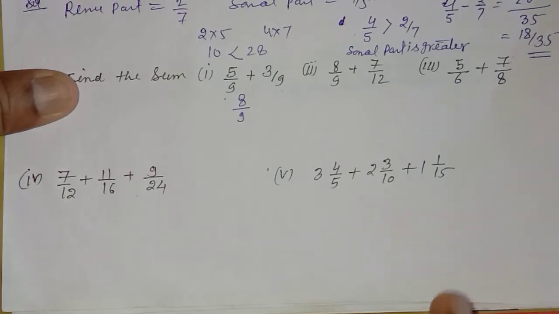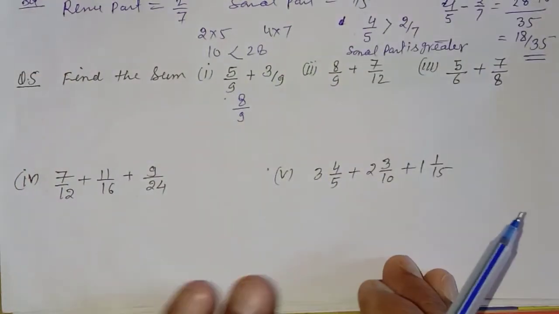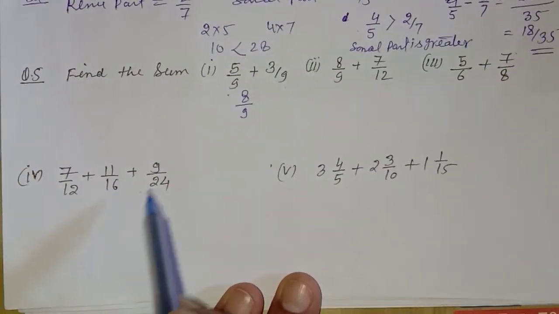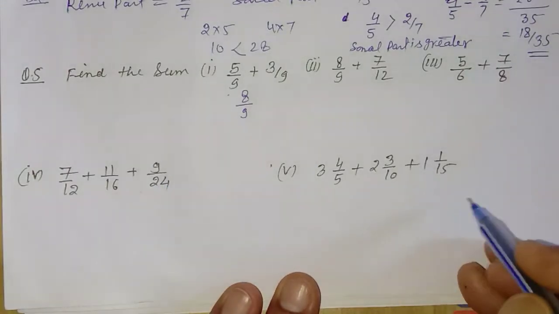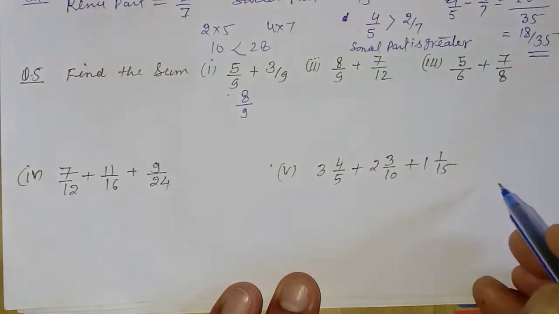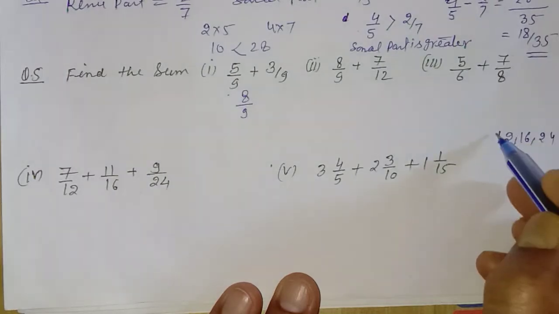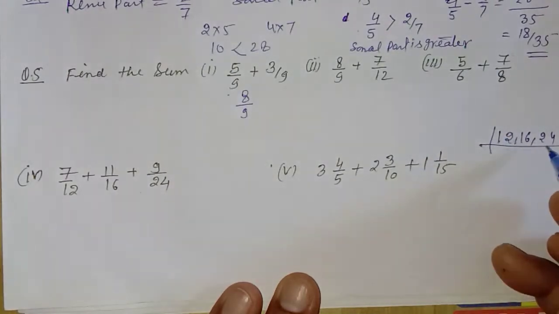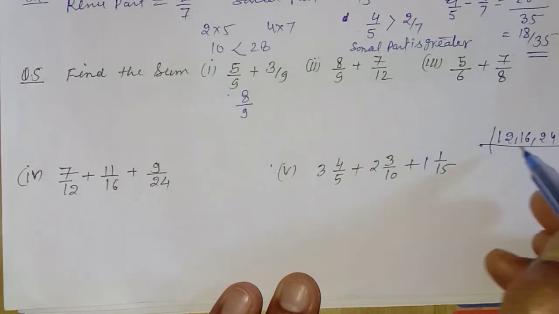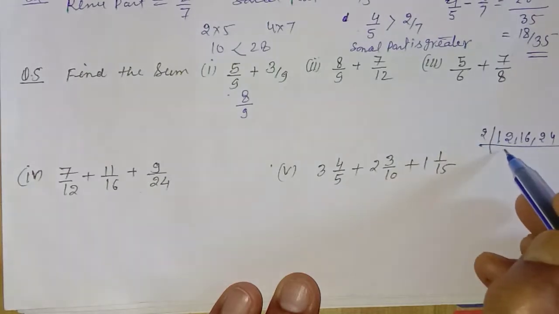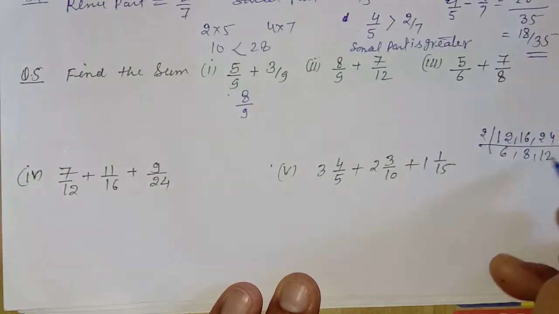So students, in this question, 7/12, 11/16 and 9/24. So students, their LCM, that is of 12, 16 and 24, is 48. 2 divided: 6, 8, 12.